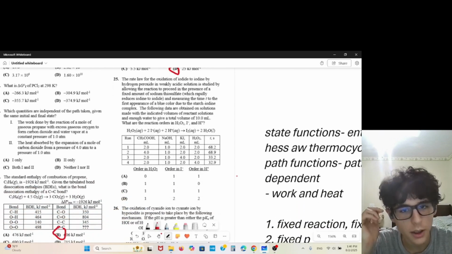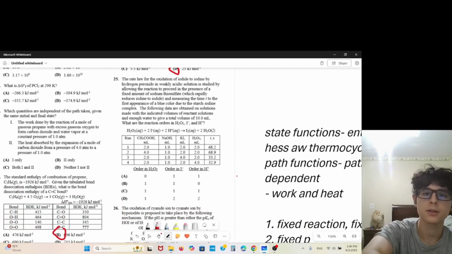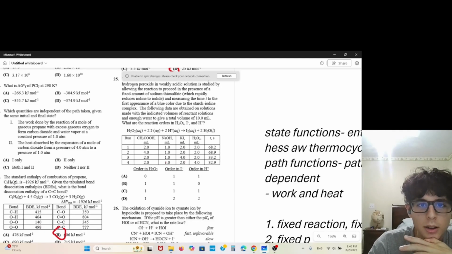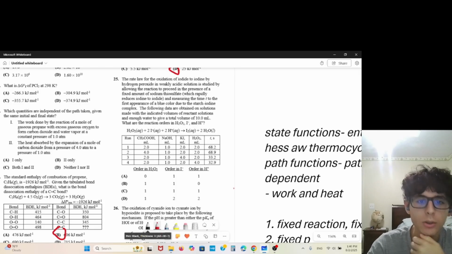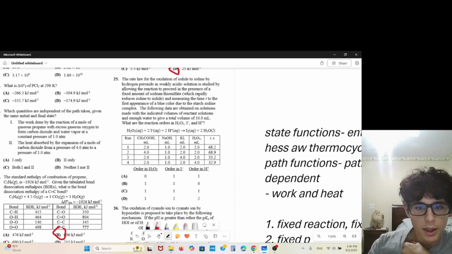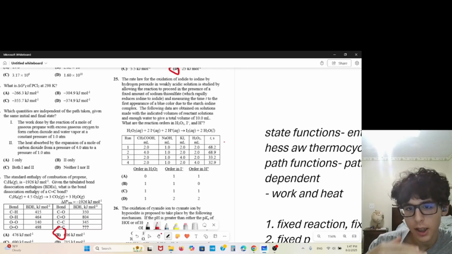All right, this one. Very fast. Okay. Forget all this. You don't need to read any of this, actually. Boom, right? Basically, order in H2O2. Skip H plus right now. Order in I minus. Look at these. I minus, you got 1 and 4. So if the time is halving when you double it, then its reaction rate is doubling.